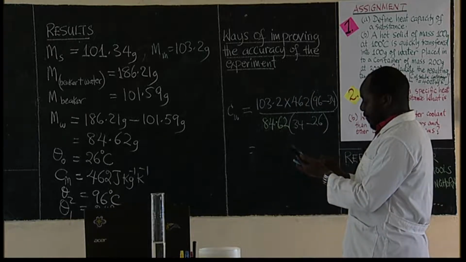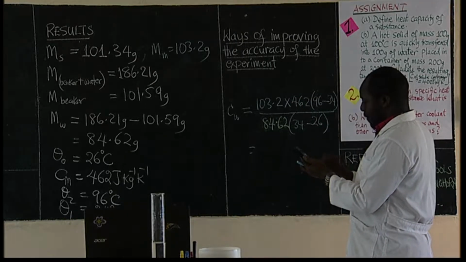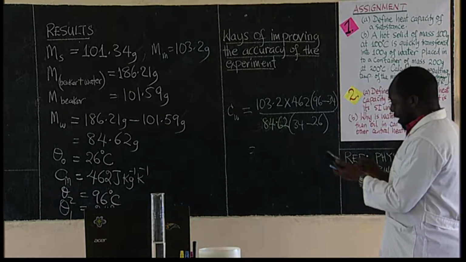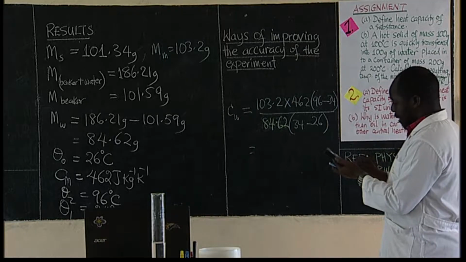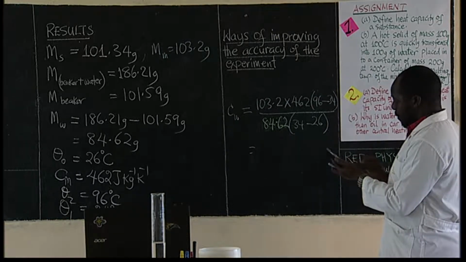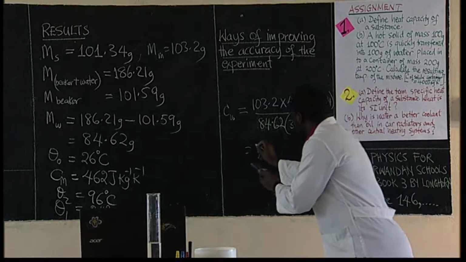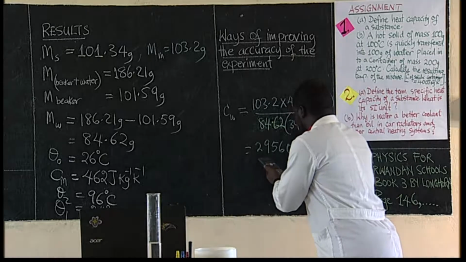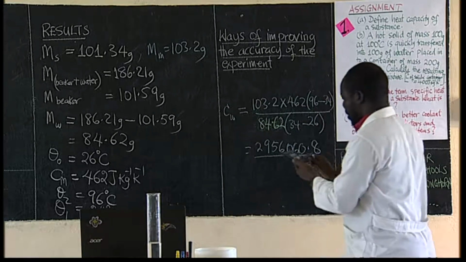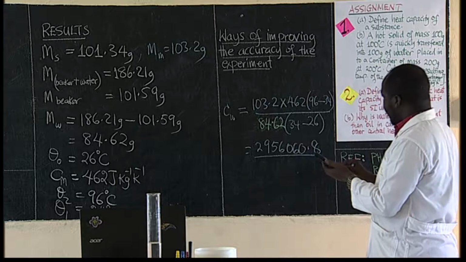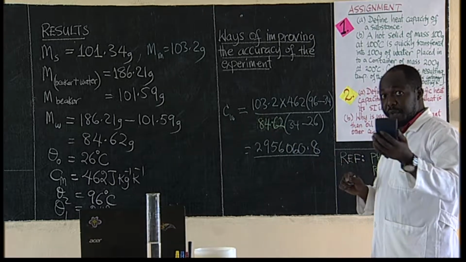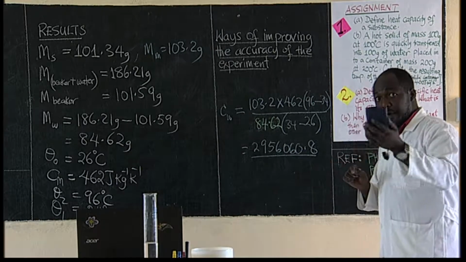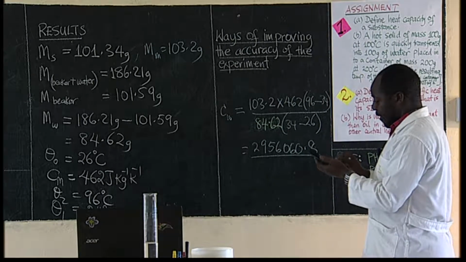Okay. Let's go back to the calculator. So you have 103.2 times 462 times 96 minus 34. I'm getting 2956060.8 over, we have 84.62, I hope you're pressing it, times 34 minus 26.